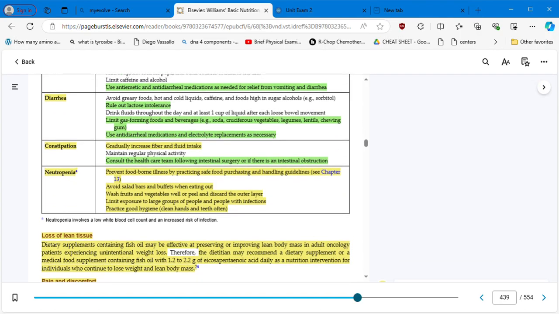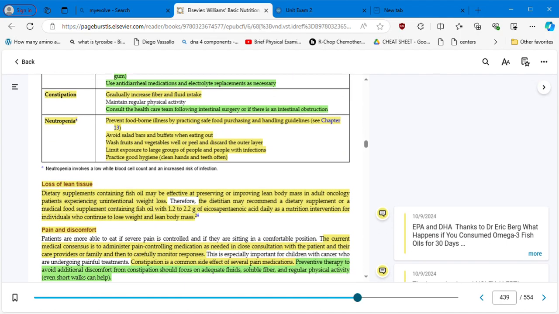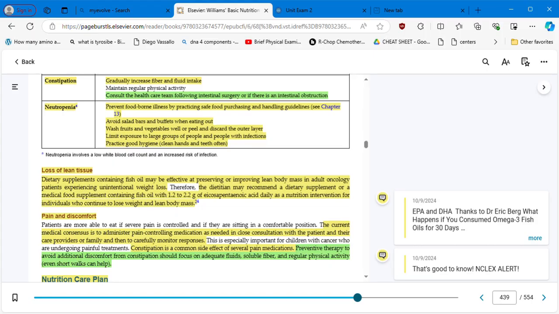And neutropenia, prevent foodborne illness as we were reviewing in previous chapters by practicing safe food purchasing and handling guidelines and limit exposure to large groups of people and people with infection. That's extremely important. Wash fruits and vegetables well or peel, discard outer layer.